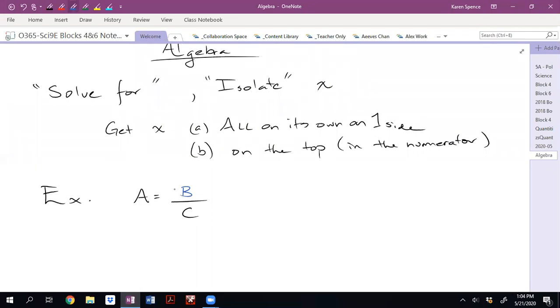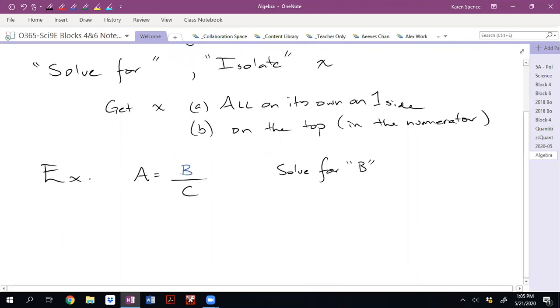So we want to solve for B, which means we want B all by itself, and on the top. First, is B on the top already? It is, so I don't have to worry about that. I just leave it where it is. What I do have to do is get B on its own. So what is cluttering up B right now? Yes, C is cluttering up B.